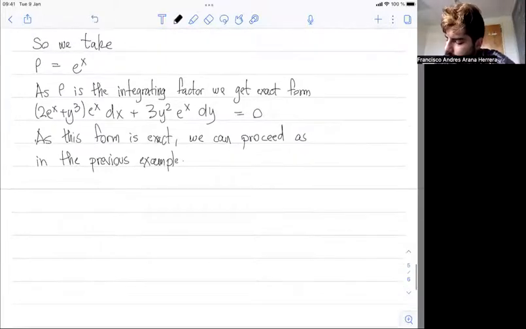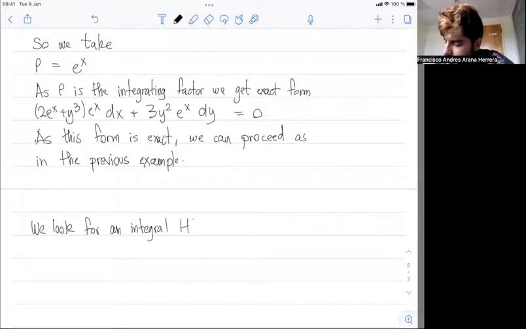So we look for an integral H(x,y) such that this is the integral of this differential form.